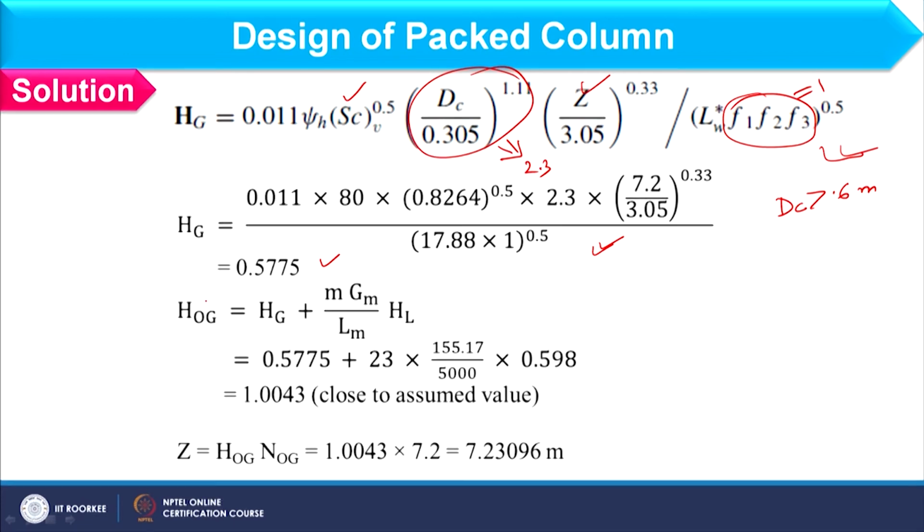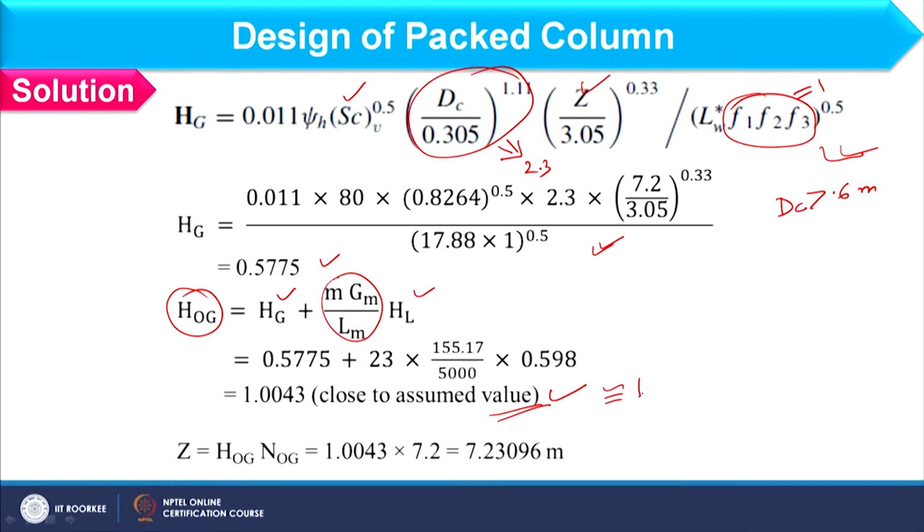So, we can find HOG based on Hg as well as HL value, and considering mG by Lm and all these values, we can find the HOG value as 1.0043. That will be close to the assumption, which is 1.